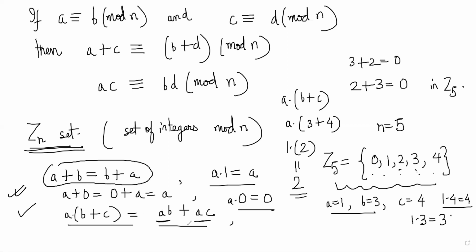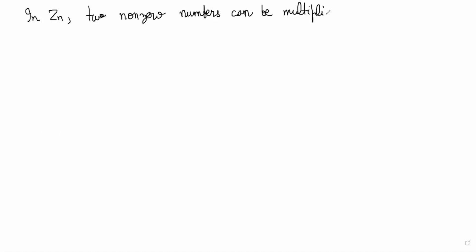So basically, an interesting fact here is that in Zn, two non-zero numbers can be multiplied together to get 0.